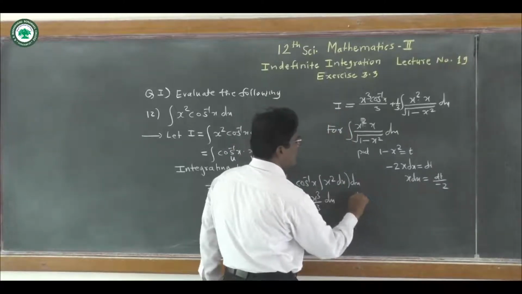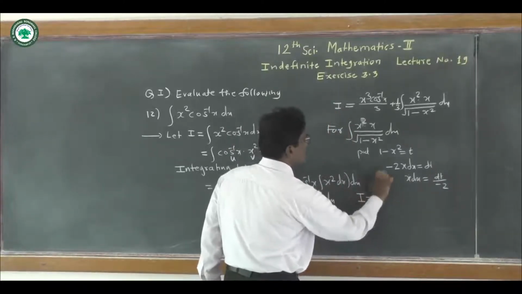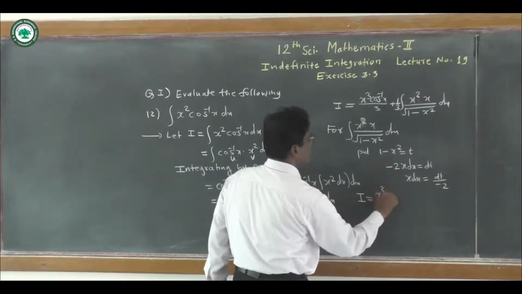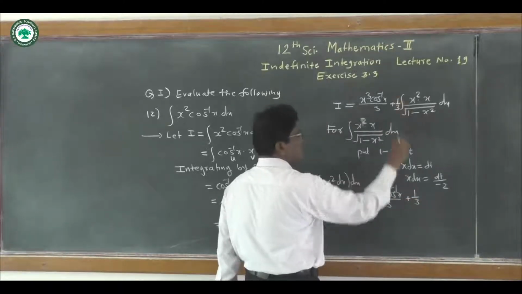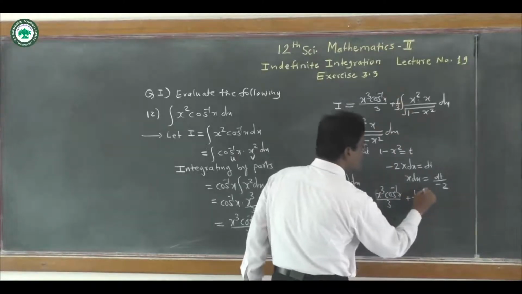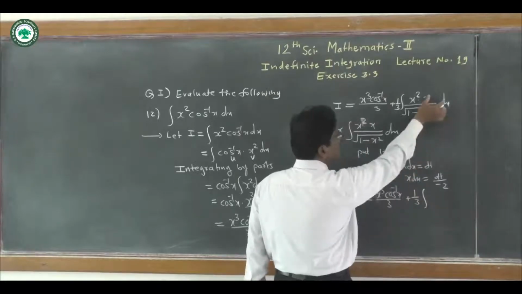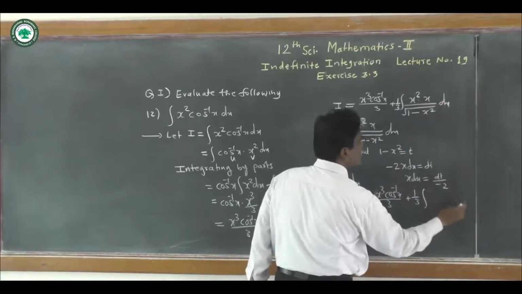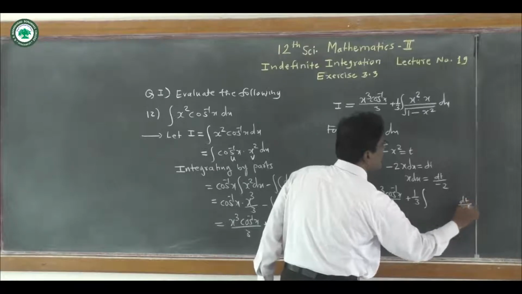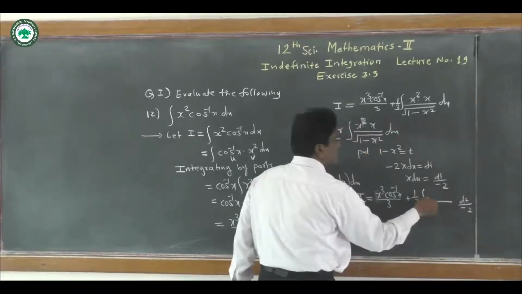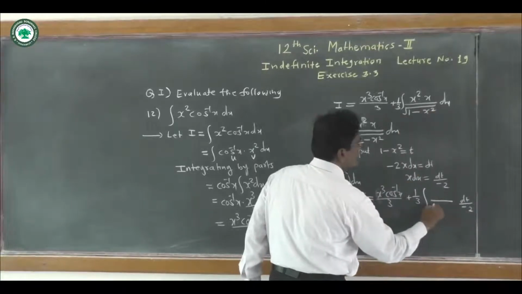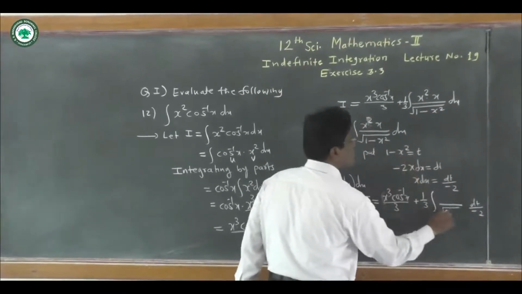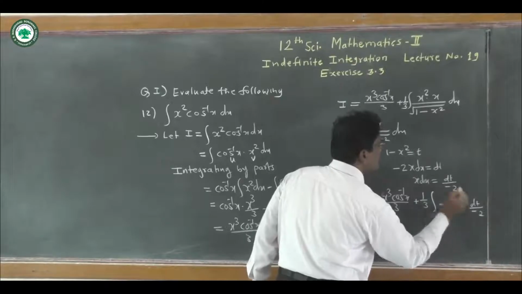And therefore this required integral I becomes I is equal to integration x cube cos inverse of x upon 3 plus this 1 upon 3 as it is, this 1 upon 3 into x dx. x dx is dt upon minus 2. Here in the denominator root of 1 minus x square, so root of 1 minus x square is root of t.